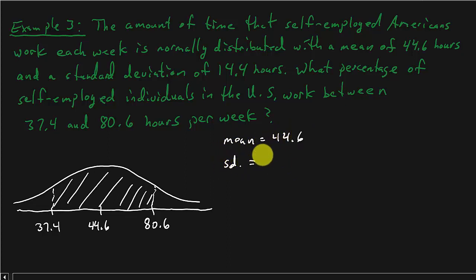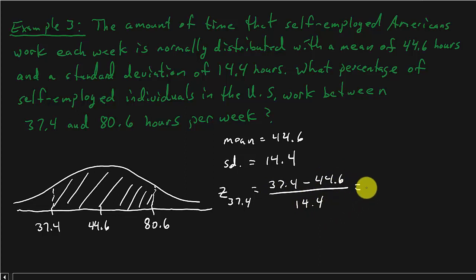Standard deviation is 14.4. And so now z for 37.4 is going to be the 37.4, the data item, minus the mean over the standard deviation. And when we punch that into our calculator, we get negative 0.5.